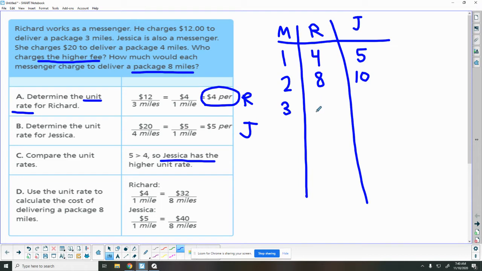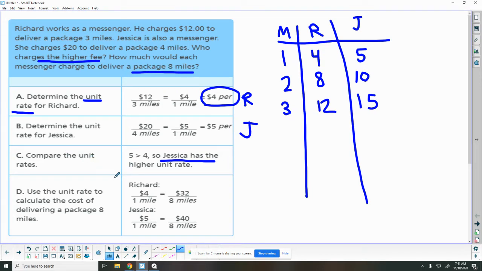After 3 miles, Richard would have 12 and Jessica has 15. So every time they go a mile, she's getting $1 more per mile. So after 3 miles, she gets $3 more. So after 10 miles, she would get $10 more. So Jessica is earning more money per mile.